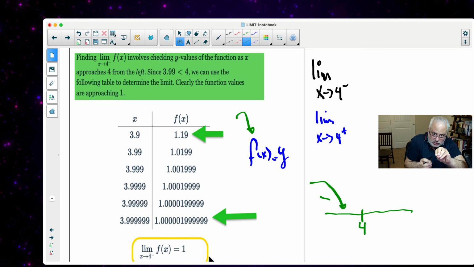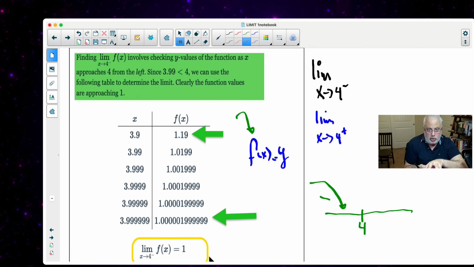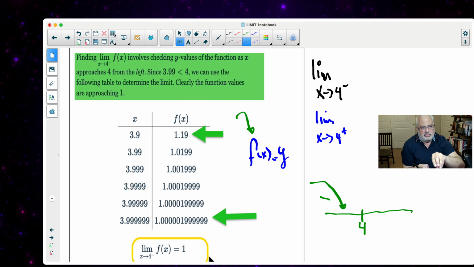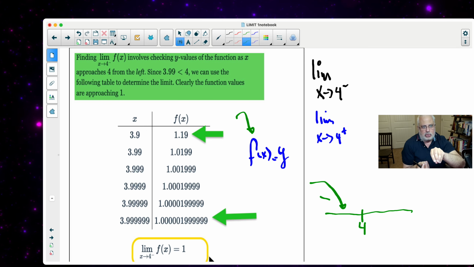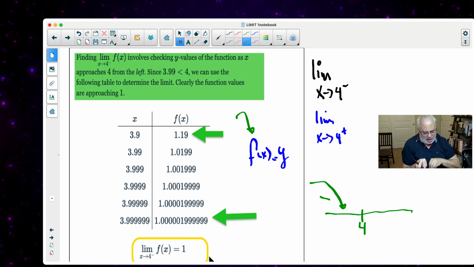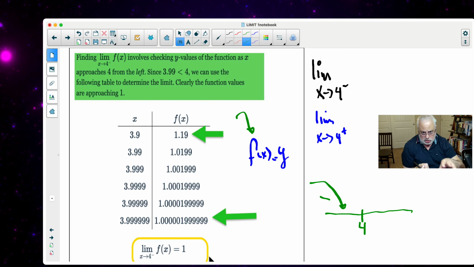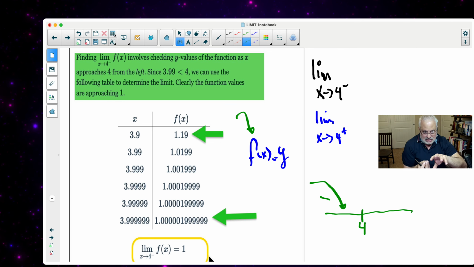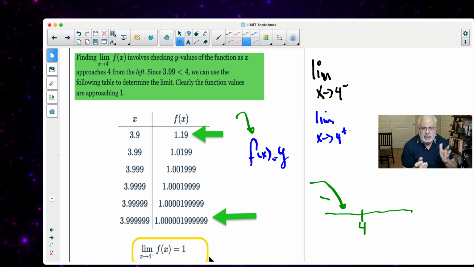So we are approaching 4, which is an x value, from the left, and we're going to get results of the functions, the y values, the output values, on top or bottom. I don't know where the function is. We have no idea how that function looks. So when we have that situation, we can say that the function is approaching 1.